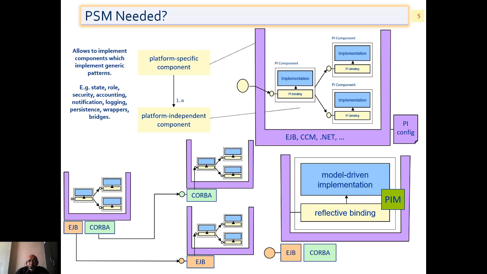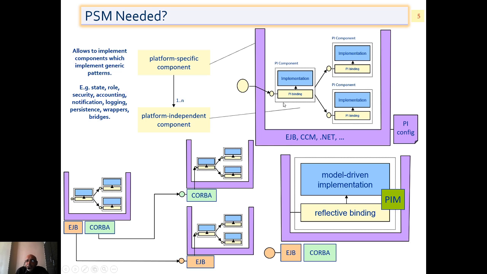So whether the PSM is being needed, just see to it. PSM specific component is always dependent on PIM component. This is the story, right? So here you have got platform independent components, the three units, implementation and platform independent binding.